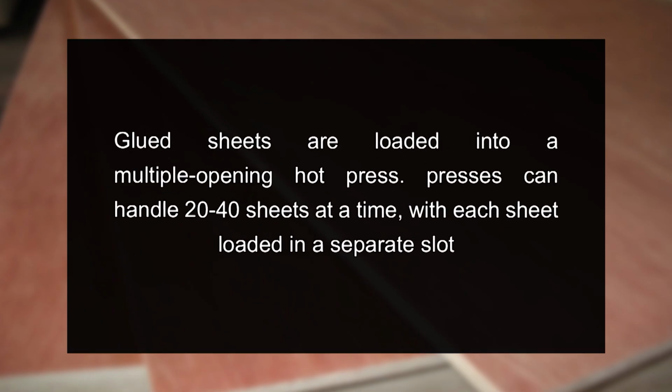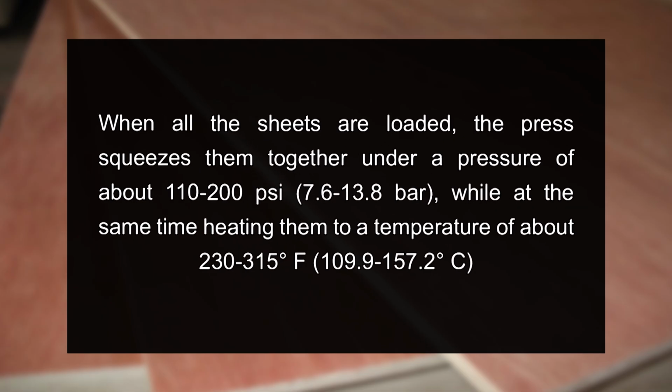The glued sheets are loaded into a multiple opening hot press. Presses can handle 20 to 40 sheets at a time, with each sheet loaded in a separate slot. When all the sheets are loaded, the press squeezes them together under a pressure of about 110 to 200 psi, while at the same time heating them to a temperature of about 230 to 315 degrees Fahrenheit.